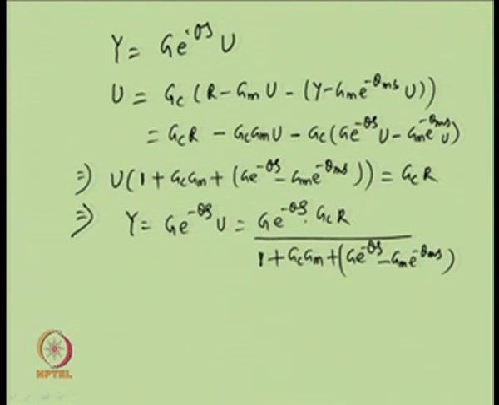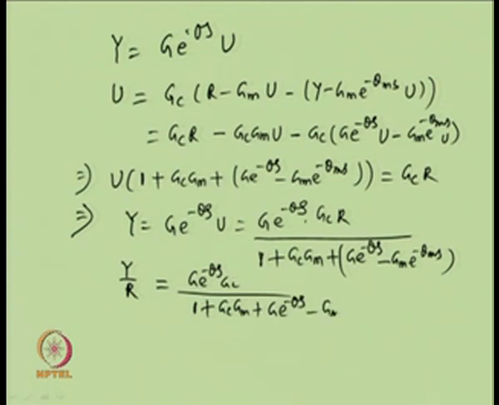So, we get the transfer function with respect to the reference input as G e to the power minus theta s G C upon 1 plus G C G m plus G e to the power minus theta s minus G m e to the power minus theta m s, as we have seen earlier.